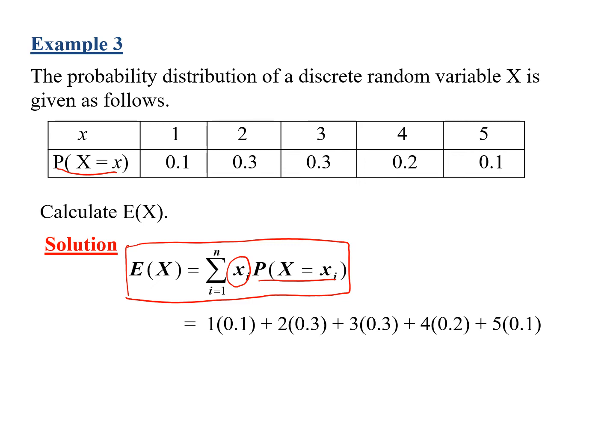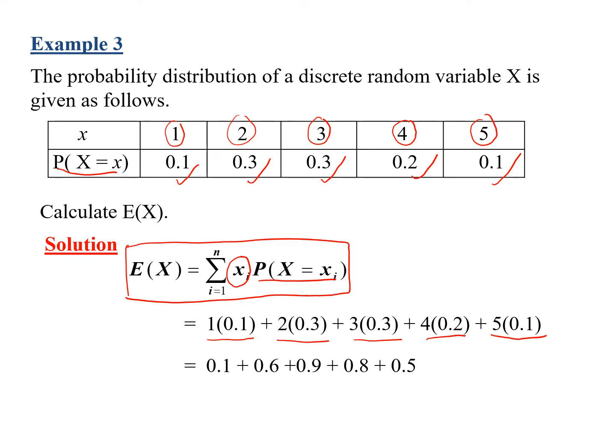So x is 1 times the probability 0.1, plus x is 2 times the probability 0.3, plus x is 3 times the probability 0.3, plus x equal to 4 times the probability 0.2, plus x is 5 times the probability 0.1. Then we total up the values, and we will get 2.9 as our mean, the expected value.